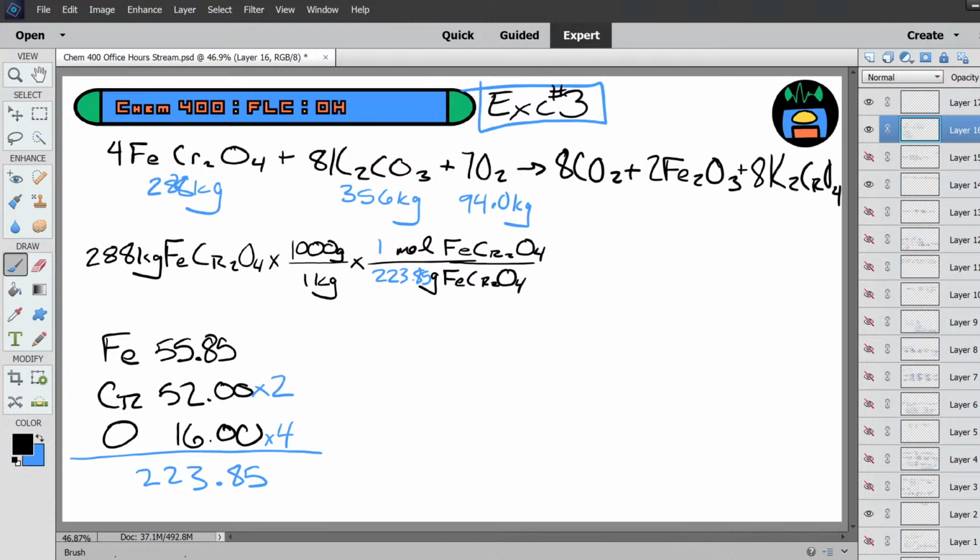Next, we convert from moles of chromite to moles of potassium chromate.